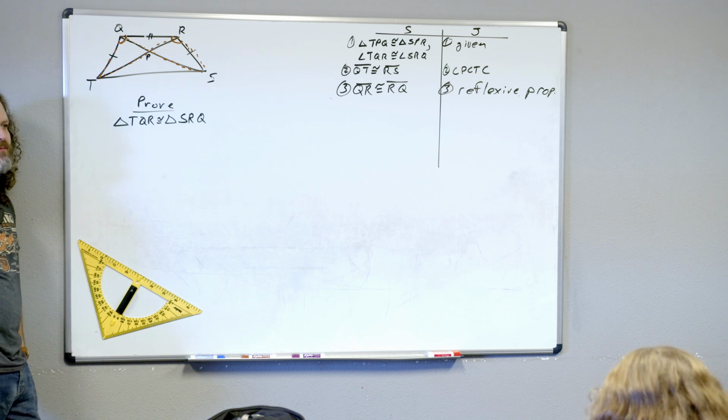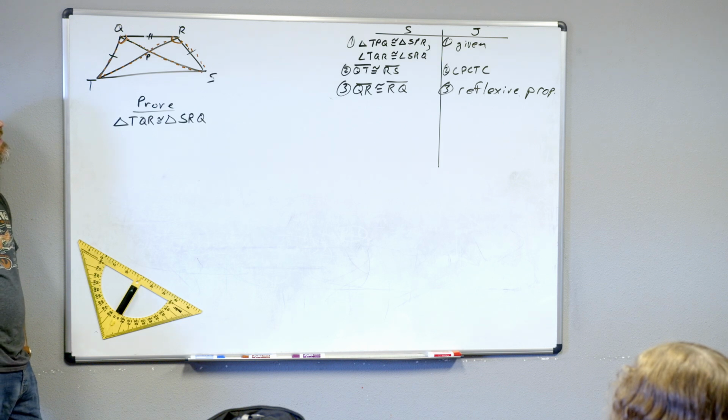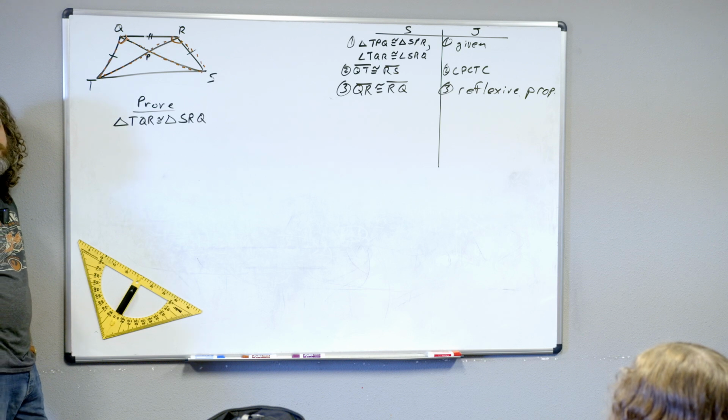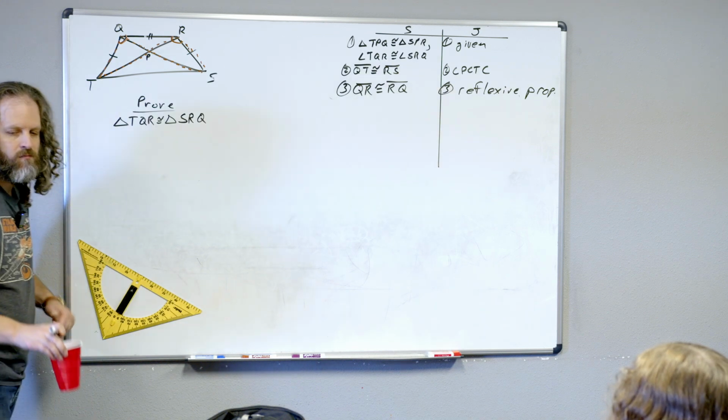Now what? You say that Q R is congruent to T S? Q R is not congruent to T S. I don't understand what you mean. I only have three steps. Wait, we can do it because of SAS.